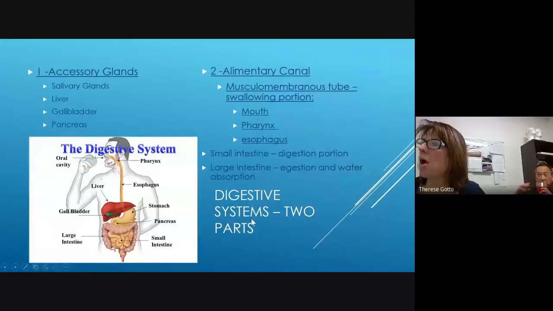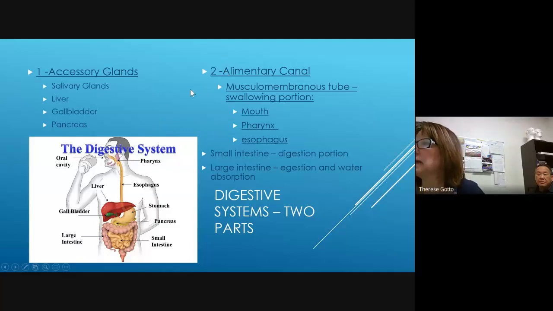Okay, so your digestive system, we're going to look at accessory glands and the alimentary canal. Your accessory glands are your salivary glands, your liver, your gallbladder, and your pancreas. Those are the glands that produce enzymes to help break down and digest food.